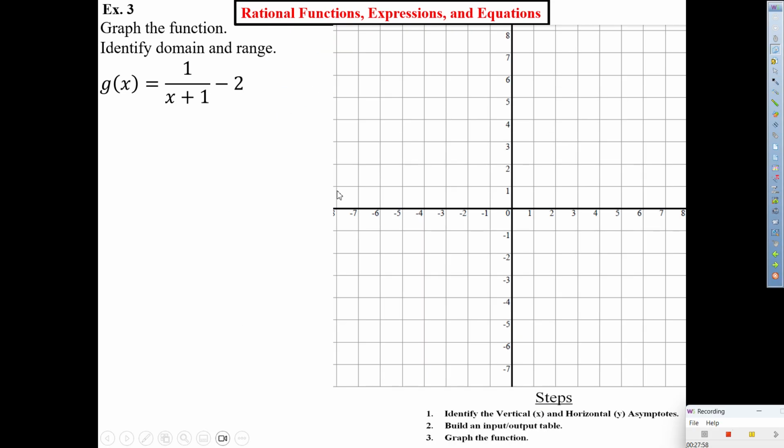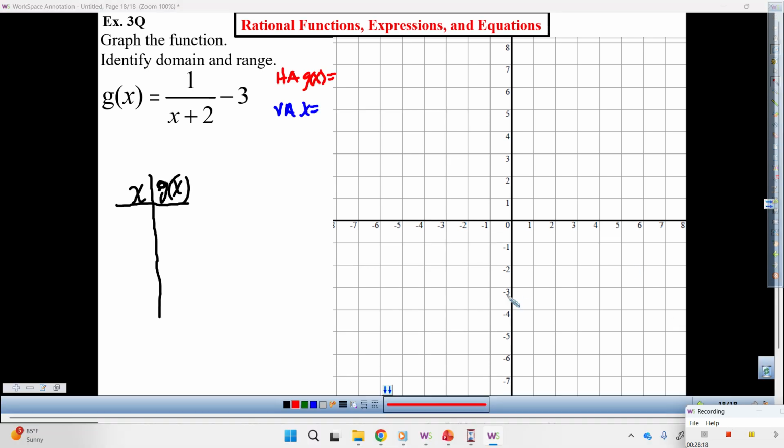Go to the back of the graph and let's do another one. Here it is, example 3Q. See if you can do this one completely by yourself. Asymptotes, graph, and domain and range, please. We got g of x equals 1 over x plus 2, minus 3. I'll give you guys a head start. Copy and go. What'd you get for our HA?